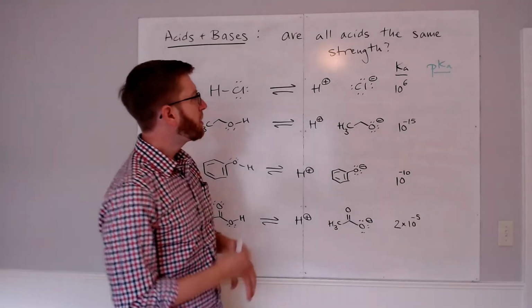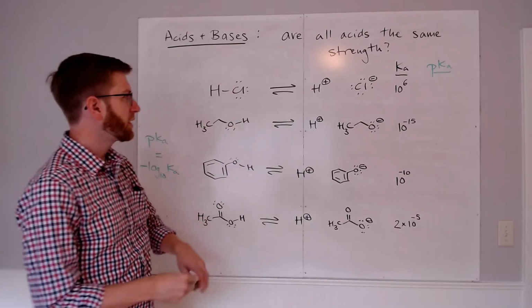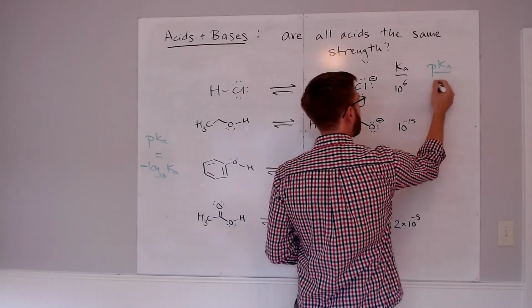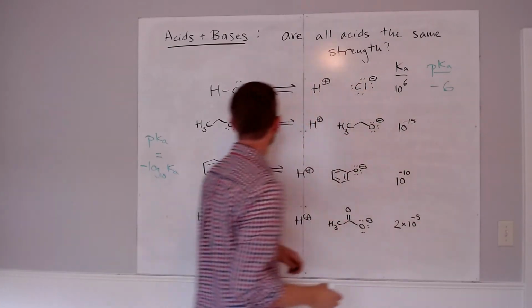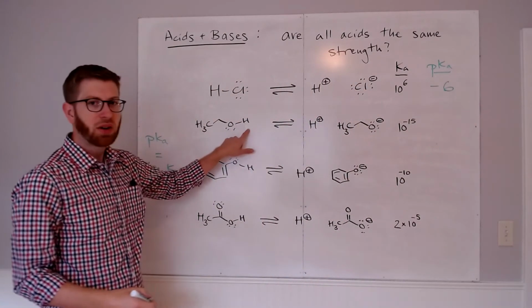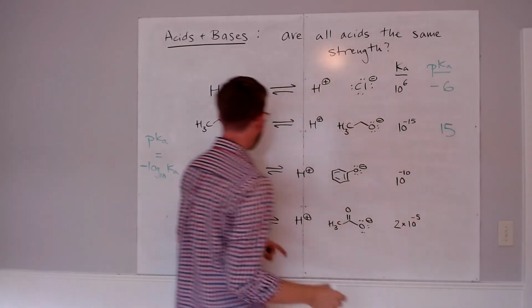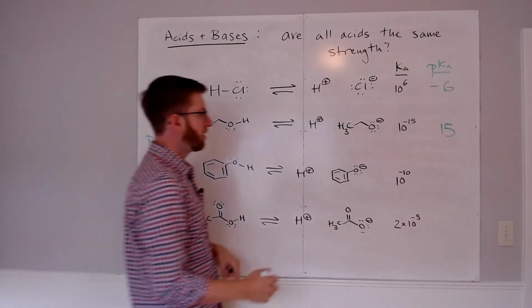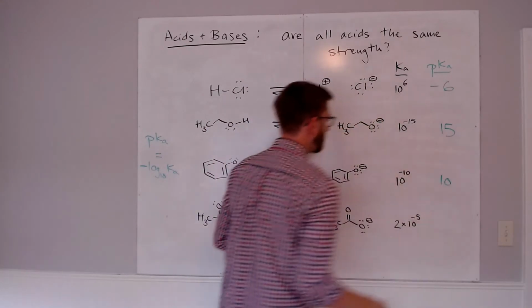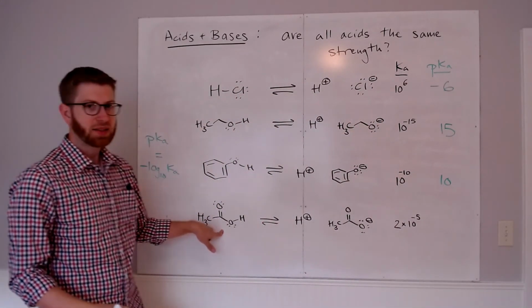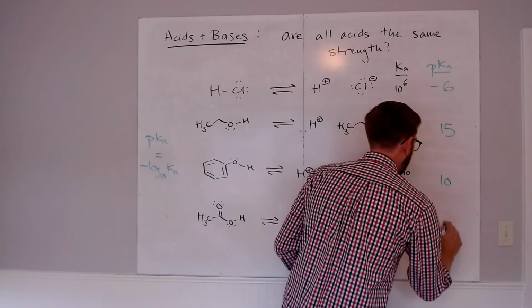So I'm going to give you the pKa values for these 4 acids as well. For HCl, this is negative 6. For ethanol, the proton on the oxygen, this is about 15. For the hydrogen on phenol here, it's about 10. And for acetic acid, this will work out to be around 4.7.